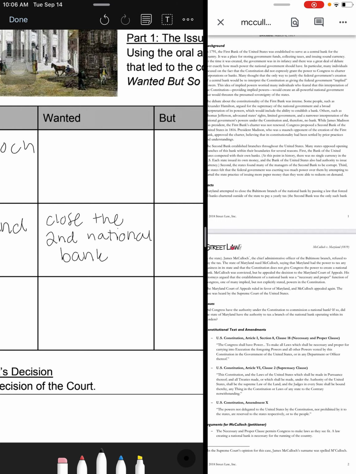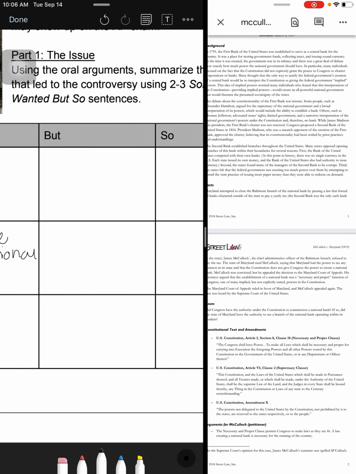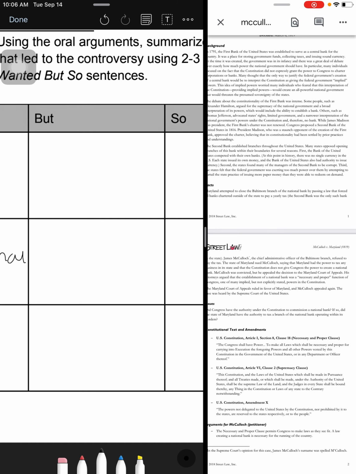And then we're going to have some sort of controversy, right? So they wanted to close it, but what was the problem? So we could say that the Chief Administrative Officer, James McCulloch, believed that the federal government had power to create the bank, or something along those lines, right?